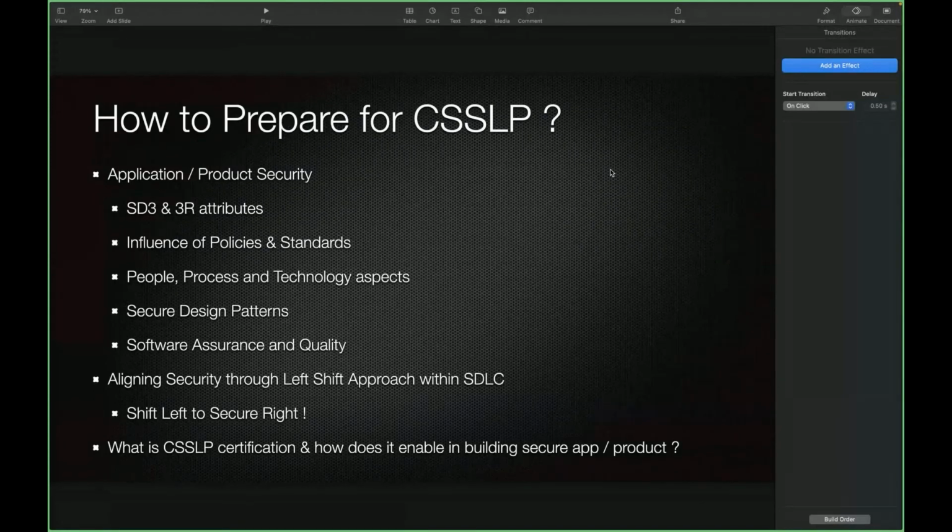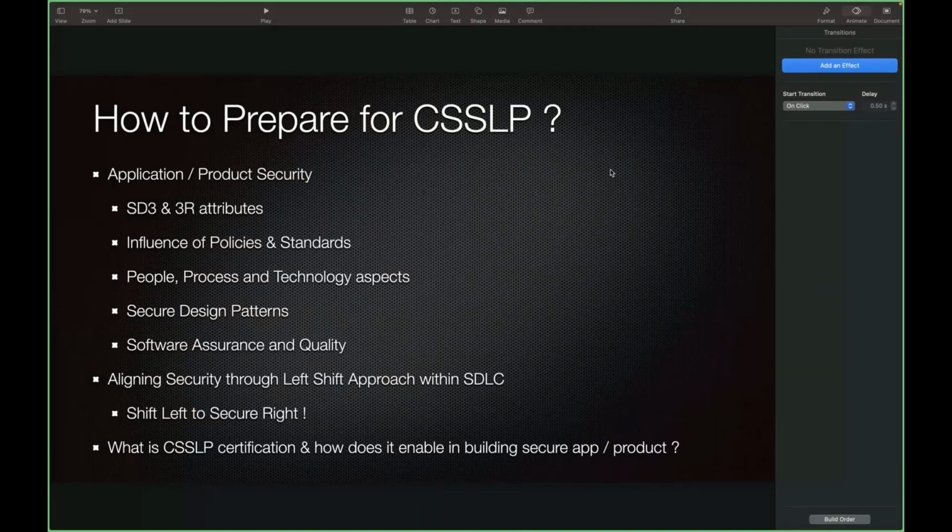Bolting on security results in humongous cost to the organization, and sometimes it is really difficult to bolt security onto some applications or products, because the way the design and architecture have been carried out might not make way for bolting on security at a later stage.